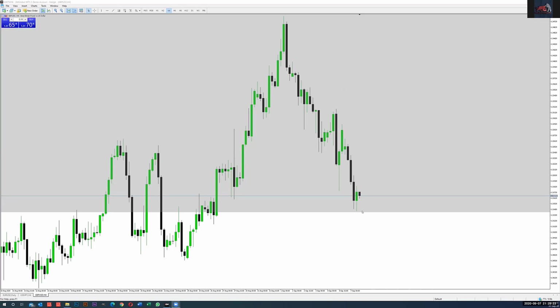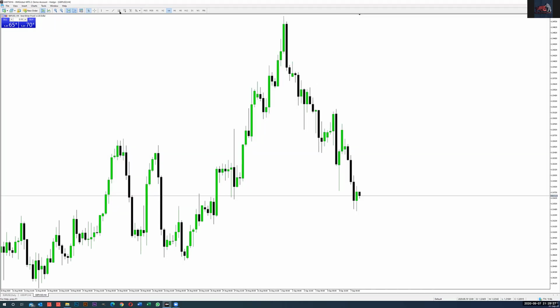Let me get rid of the bigger one. Already we know that we are hunting for selling opportunities, you see? So we highlight the high between the two candles, the impulsive candle that moves away and the last up candle. We highlight the high, right?